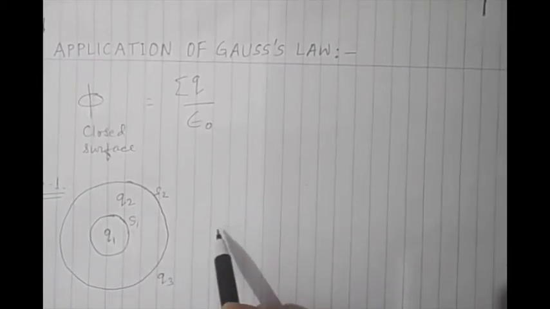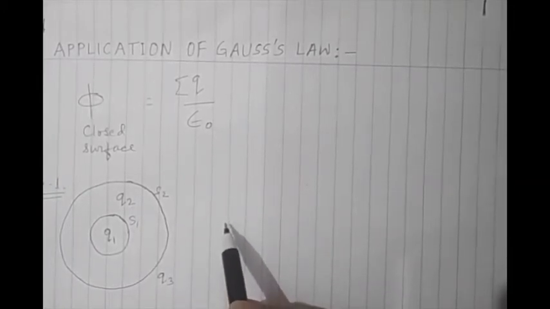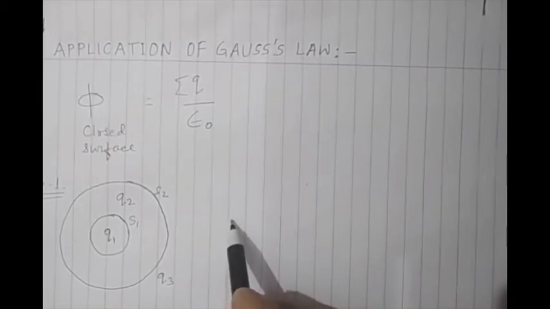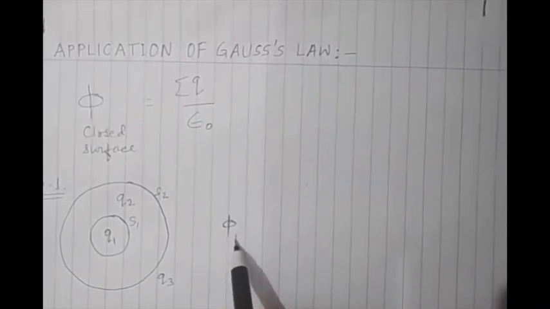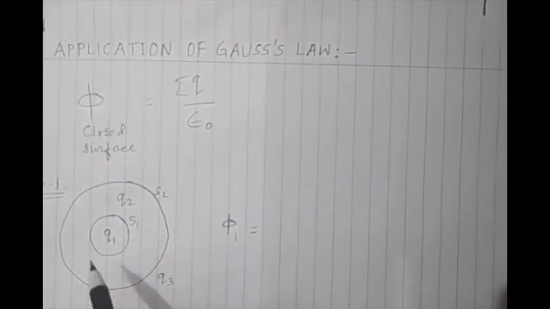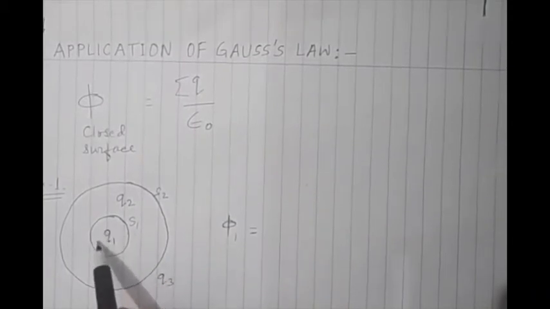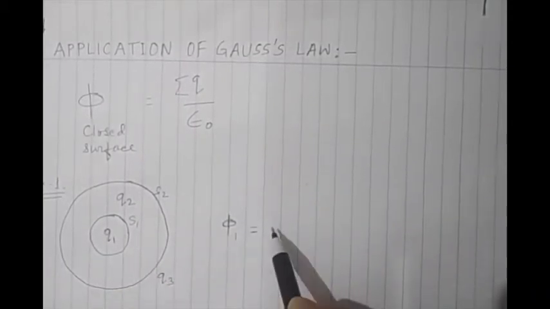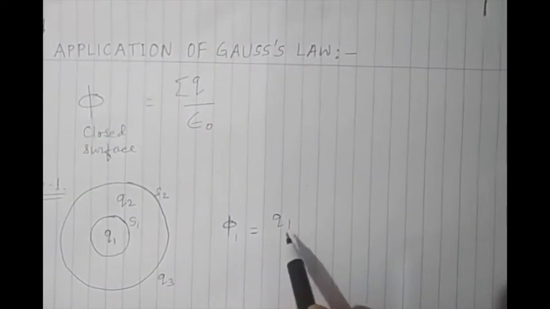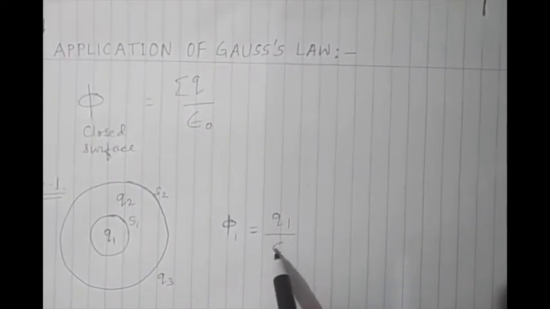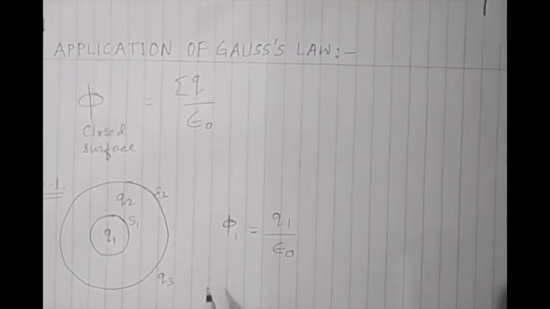So flux through the spherical surface S1, that is phi1, is equal to the total charge enclosed inside the surface, that is Q1, divided by epsilon naught. Suppose you have to find the electric flux through surface S2.